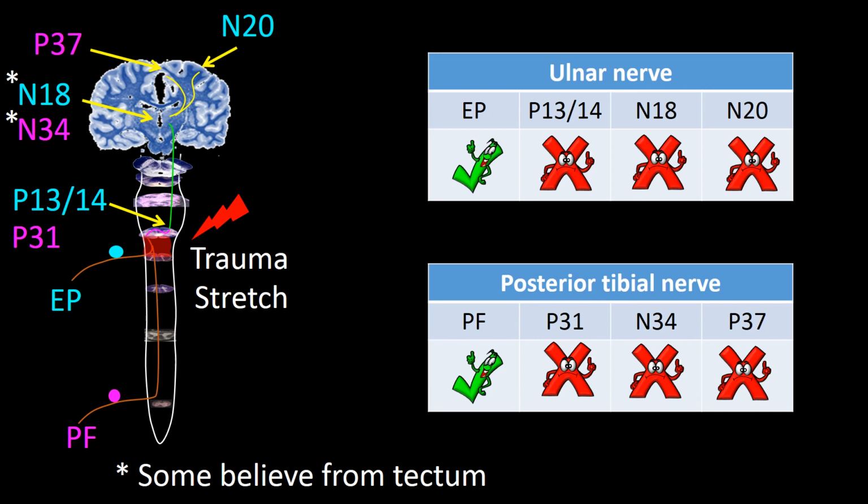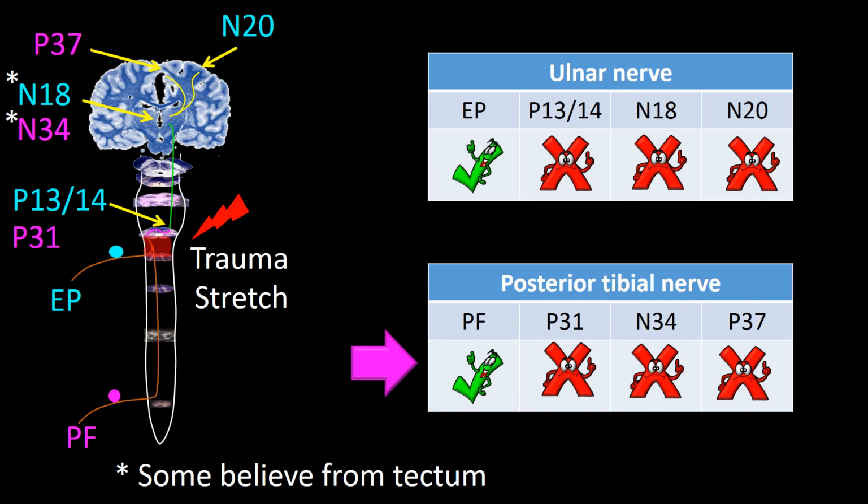Cervical spine injury is characterized by the presence of Erb's point potential and the absence or significant decrease in amplitude of all other ulnar nerve potentials.